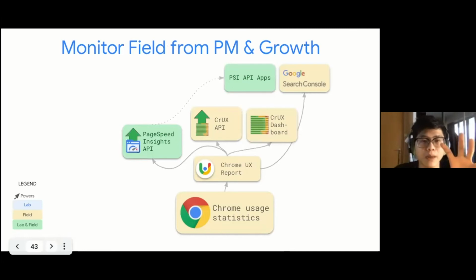This is a BigQuery dataset collected by Google, so it is also a dataset of real user data. You can use BigQuery or some API to extract the data you want for your site, or even from competitors' domains, to draw your dashboard to monitor the field data.